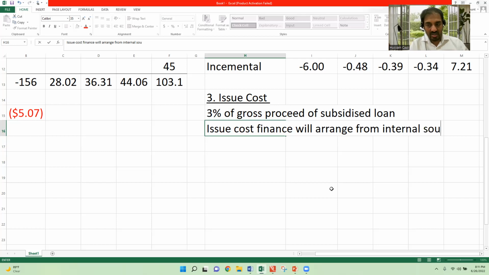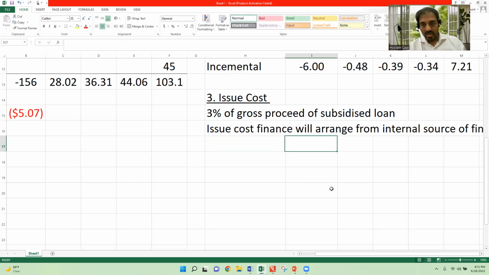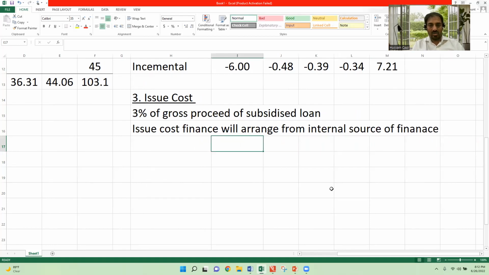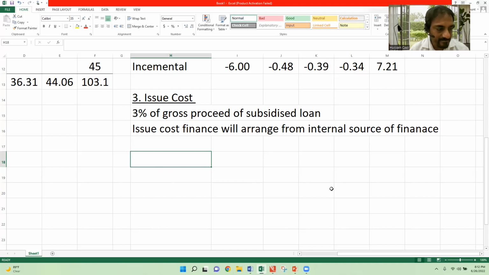It's your wish, either internal or external, but internal source of finance is important now. Another point: now it's time for the issue cost working. How much is the issue cost?